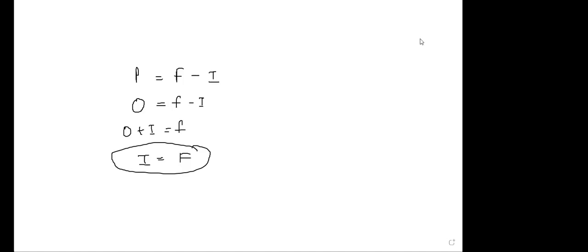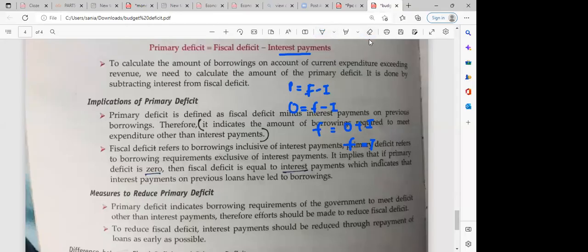So basically what I was trying to tell you is that you have to mention this. First point you will be writing from here, and here you will be writing, it implies that if primary deficit is 0, then fiscal deficit is equal to interest payment, which indicates that interest payment of previous loans have led to borrowings.